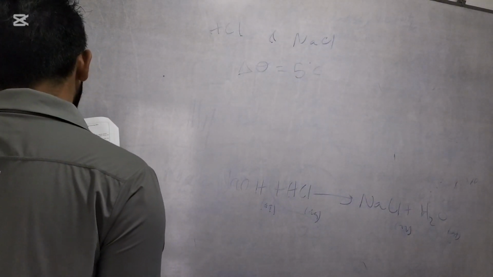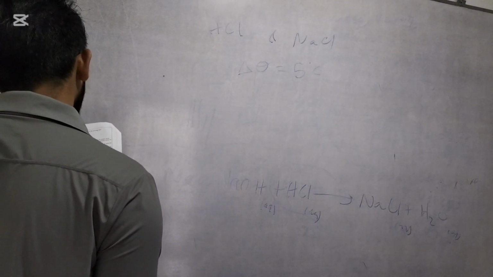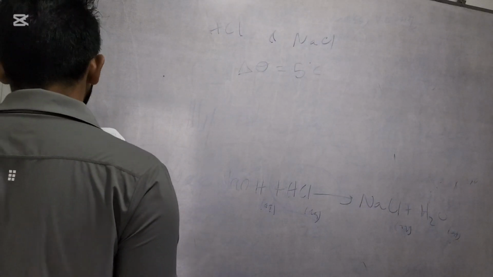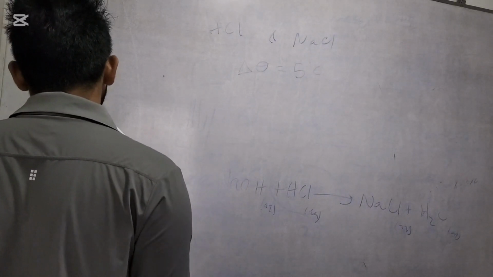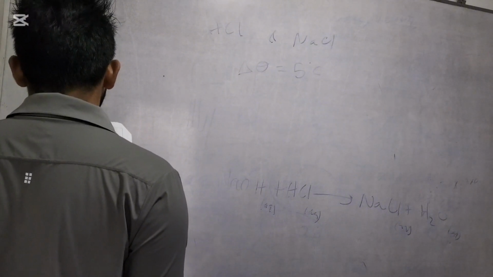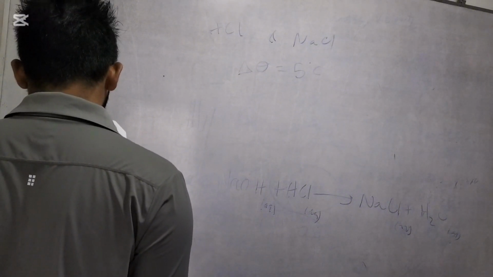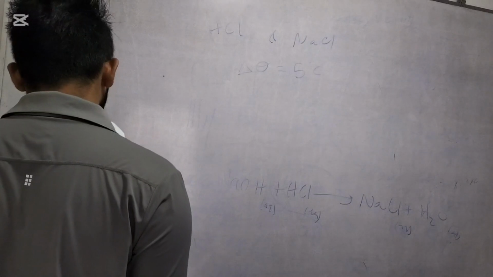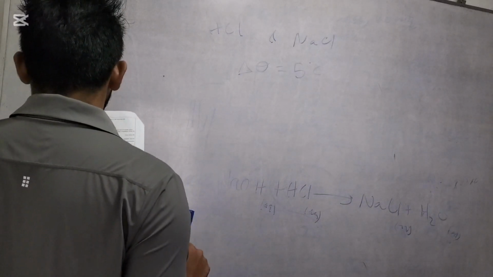Then calculate the heat change associated with the reaction mentioned above. The specific heat capacity of water is 4200 joule per kilogram per degree Celsius, and the density of water is 1 gram per cubic centimeter.